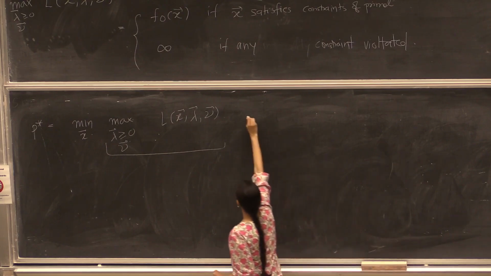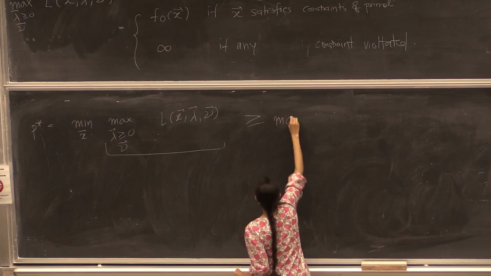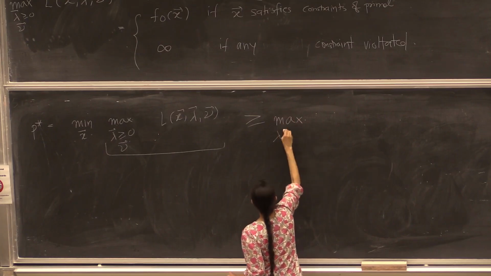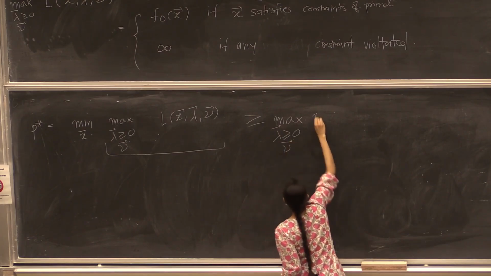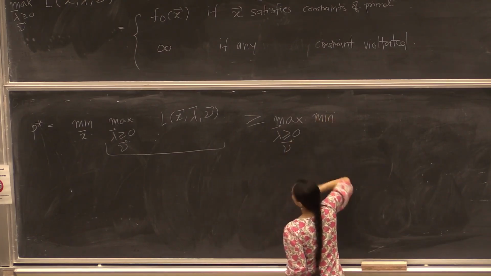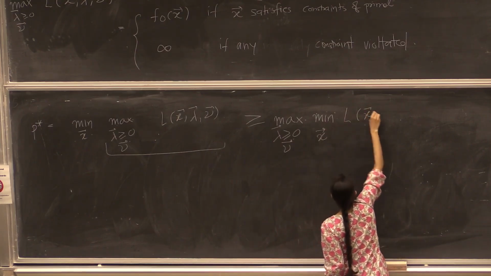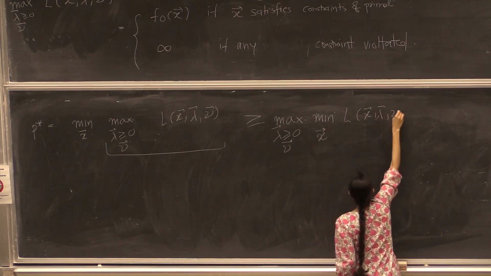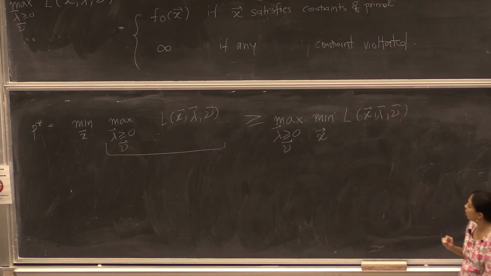Have you been thinking about min-maxes? We know this is now, by our theorem, greater than or equal to the max over lambda and nu of the min over x of the same function. But what is this thing on the other side?